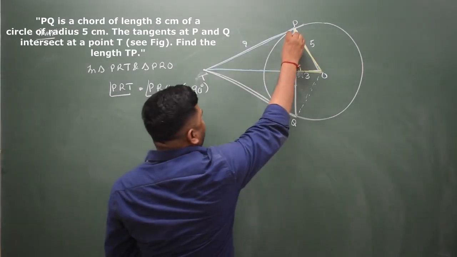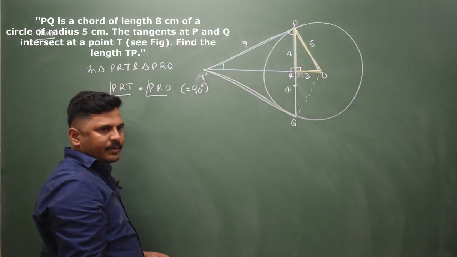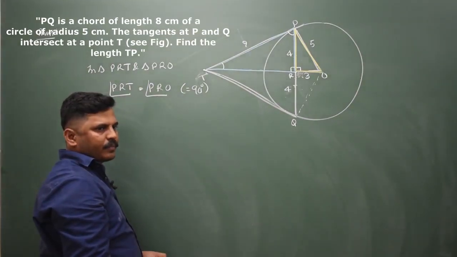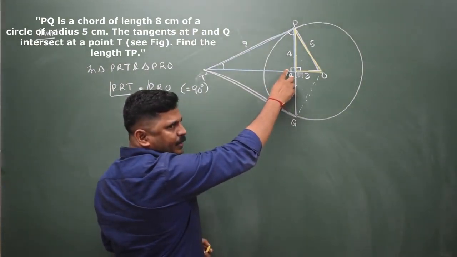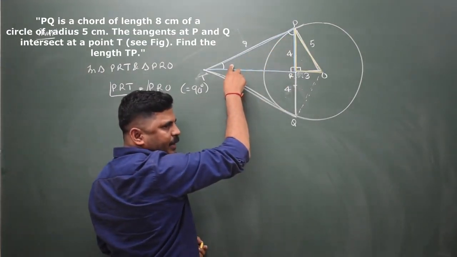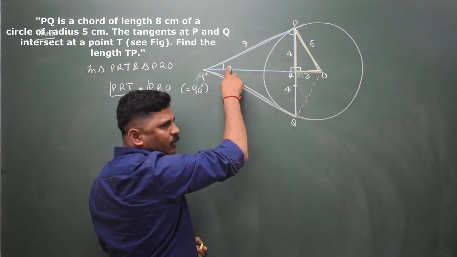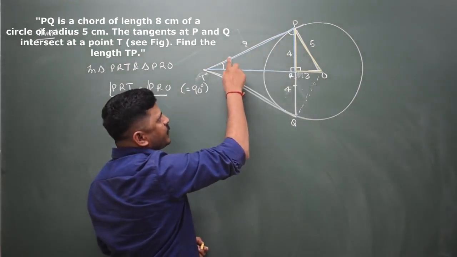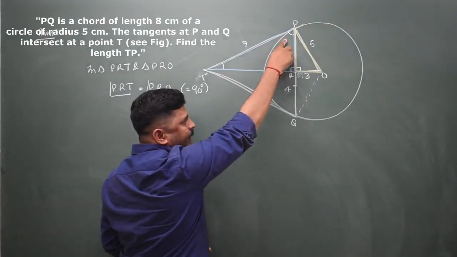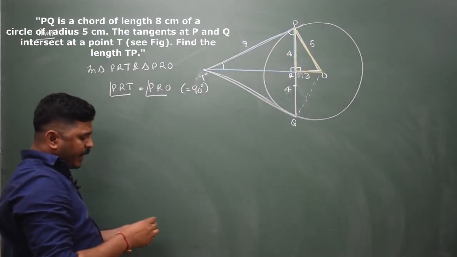Now my question is, this angle plus this angle, is it equal to 90? This is 90. What is the sum of the remaining angles? 90. Why? By the angle sum property, this plus this must be equal to 180, so this plus this must be 90.